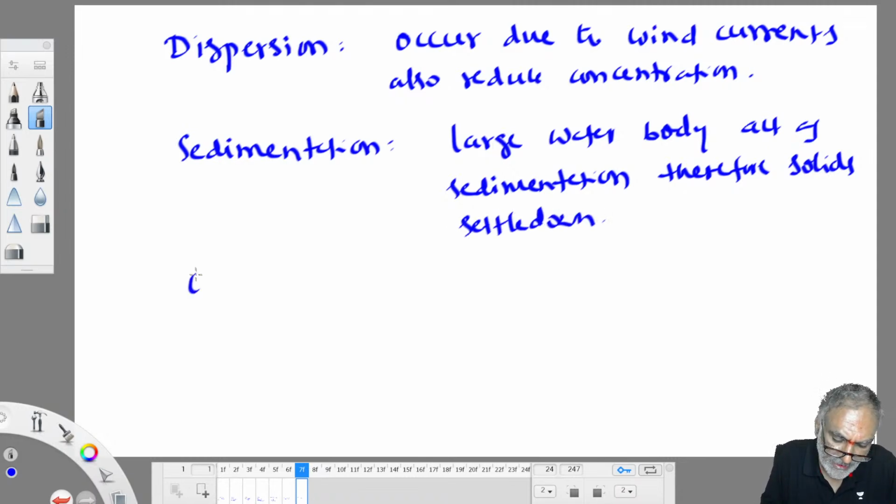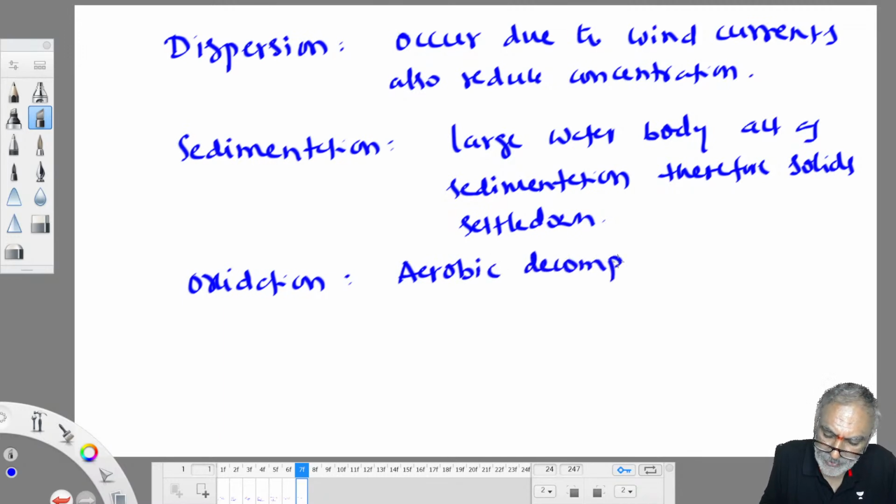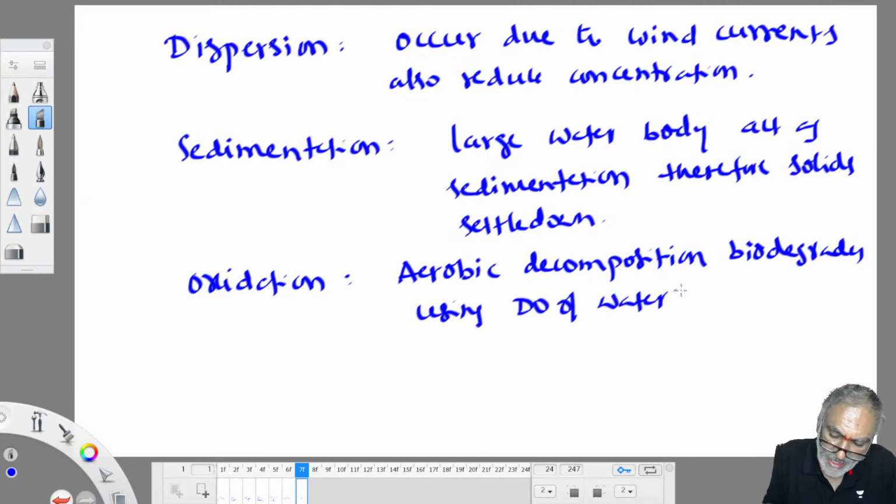Self-sedimentation also occurs. Oxidation: what is oxidation? Aerobic decomposition of biodegradable matter using the oxygen present in the water body. Dissolved oxygen in the water body is consumed and the biodegradables are decomposed.